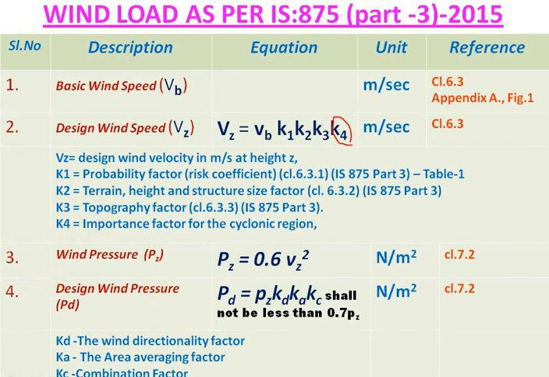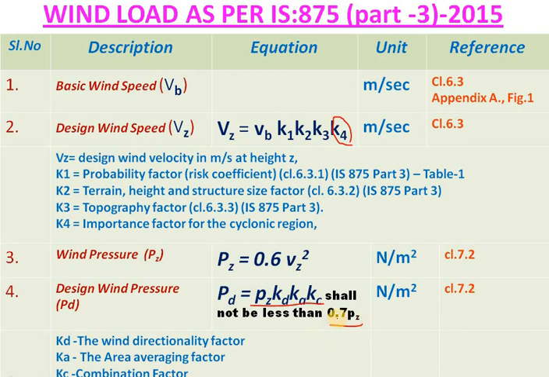One more change is in the design. See here, earlier design wind pressure PD equals PZ, that is equal to 0.6 VZ square. But now it has been revised. Design wind pressure has to be calculated by using the factors KD, KA, KC. And also design wind pressure should not be less than 0.7 PZ.